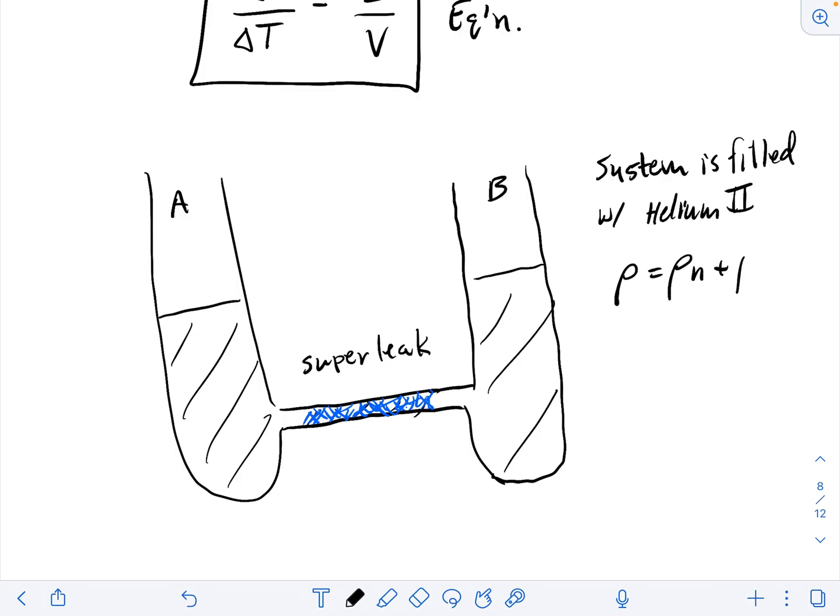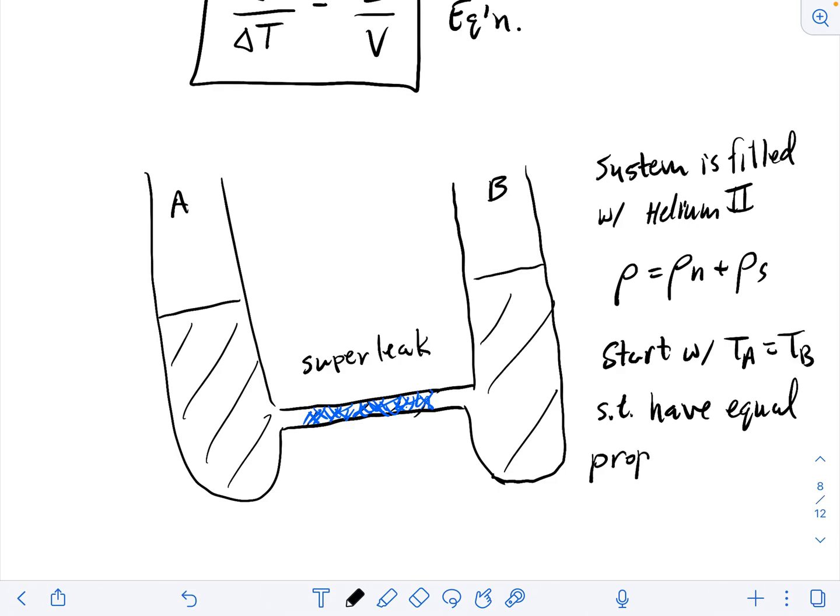We're going to start with the two sides at the same temperature, and we have equal proportions of rho n and rho s on each side. And so also the levels are the same on both sides.